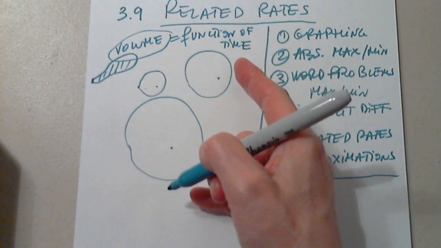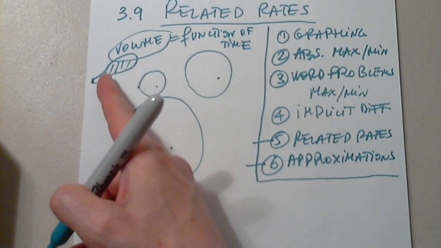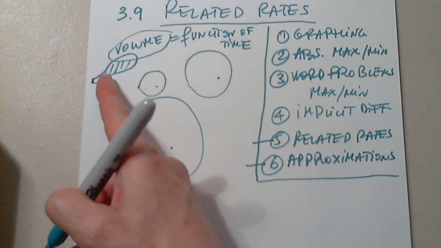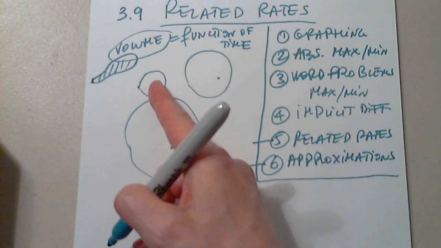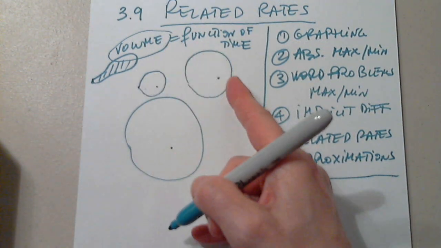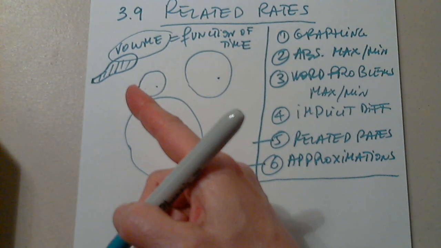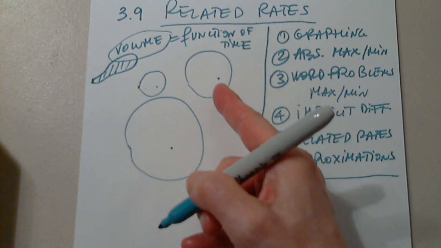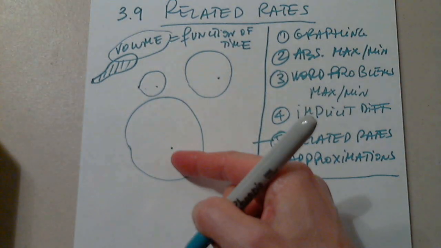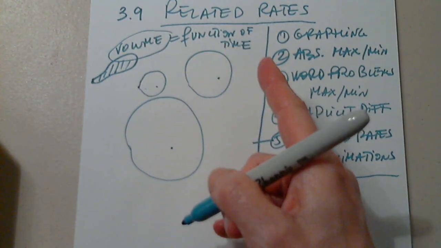Why a function of time? Because at time 0, there is very little air. And a minute later, it looks like this. So the volume increased. Another minute later, it looks like this. It depends on time because I need time to blow air in the balloon. And then it looks like this. So the volume is a function of time.